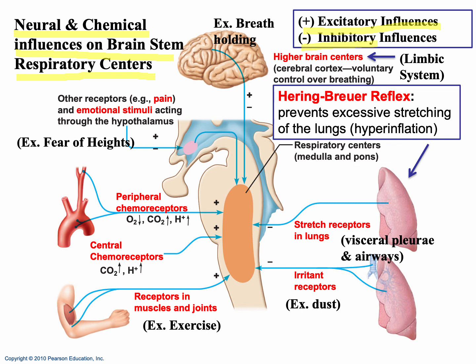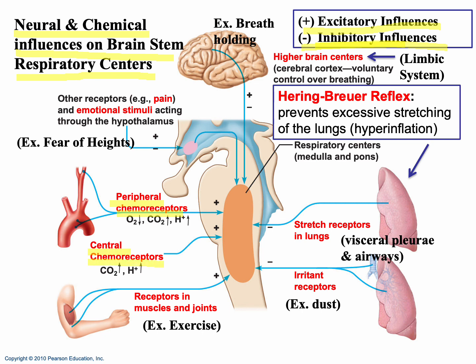A positive mark shows excitatory influences that would increase the respiratory rate of breathing, while a negative sign indicates inhibitory influences on breathing. So we look at some of these. Here, peripheral chemoreceptors can be a positive influence here in certain situations. Likewise, central chemoreceptors.